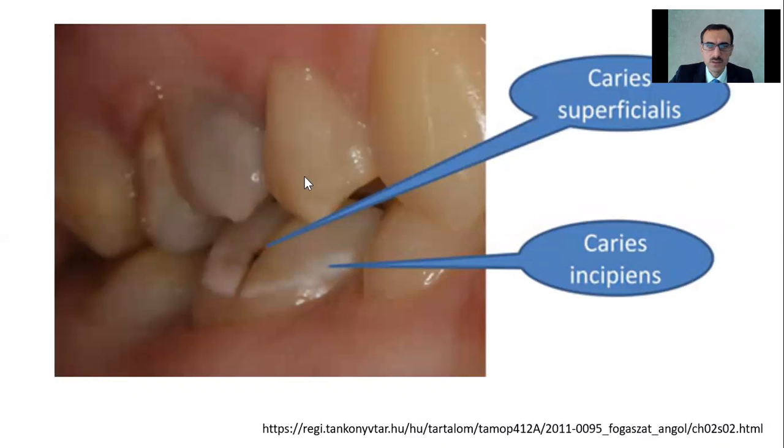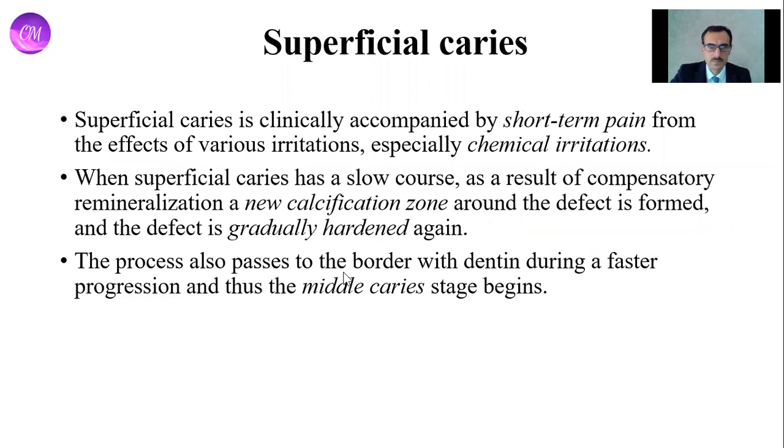In this figure, you see the superficial caries here and the caries incipiens. Superficial caries is clinically accompanied by short-term pain from the effect of various irritations, especially chemical irritations.